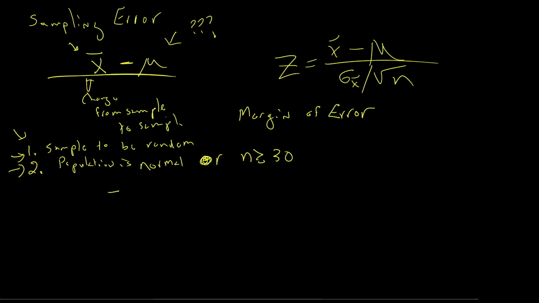And so the margin of error is the critical value. Now remember, we had a plus or minus critical value. And so we're going to have a plus or minus on error.